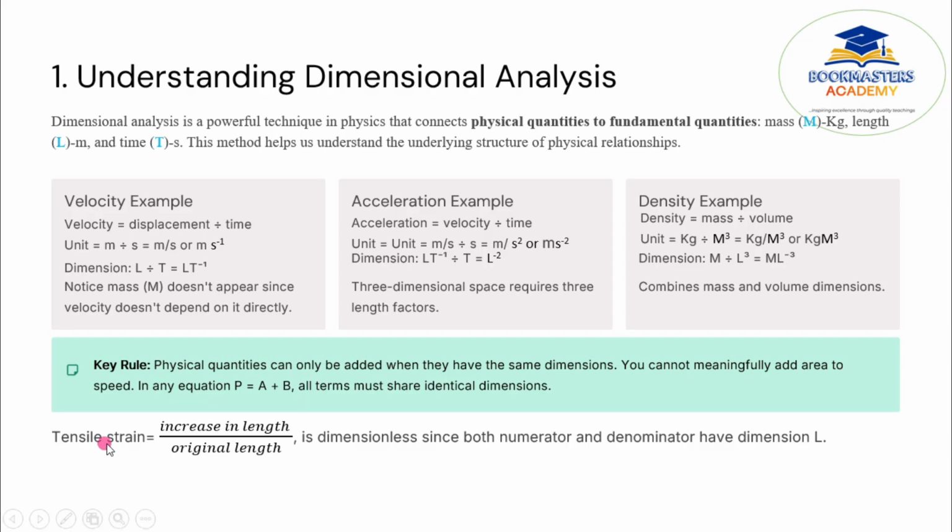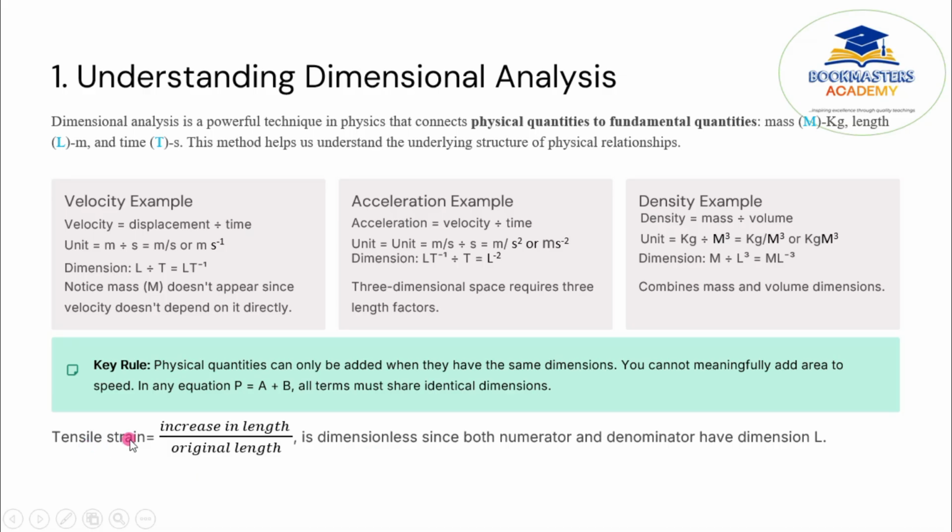Okay, so tensile strain is increase in length per unit length. This is a JAMB question. So you need to know your dimensionless quantities. Tensile strain is one of them. Not tensile stress, rather tensile strain.